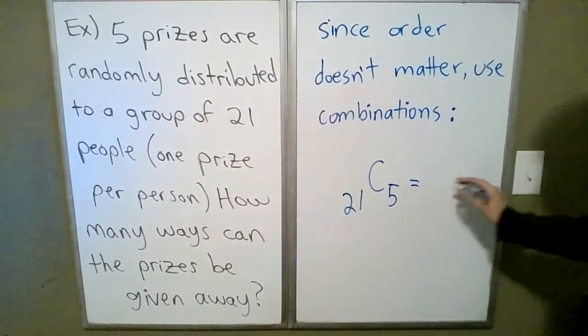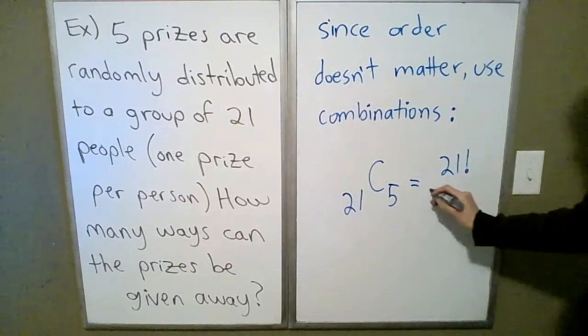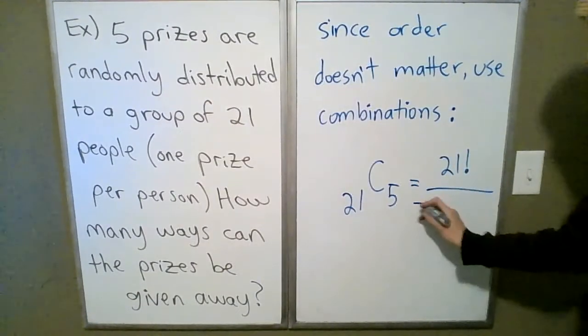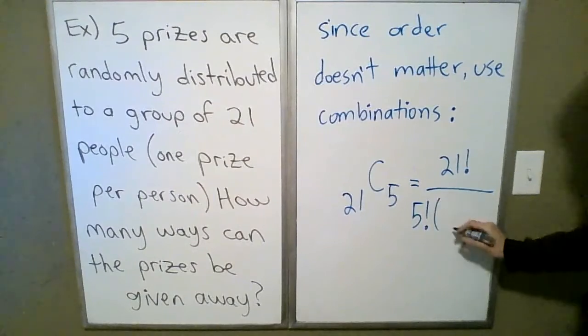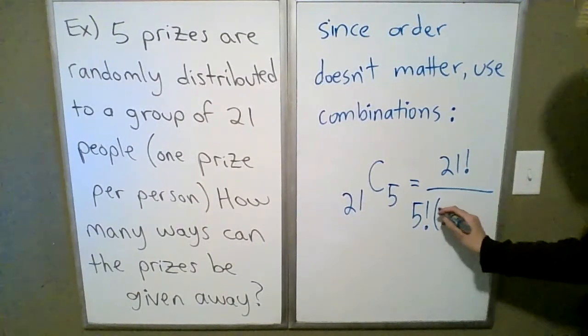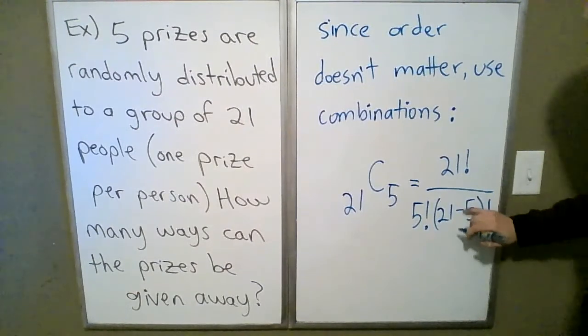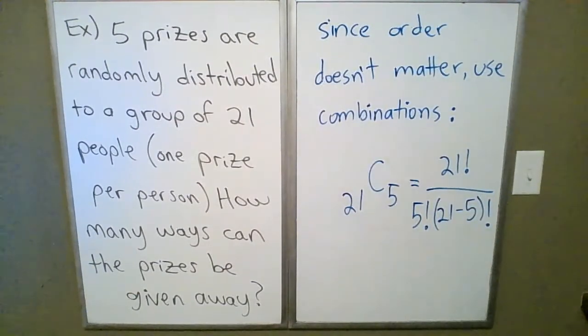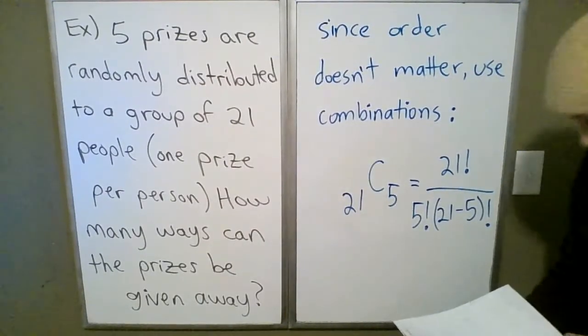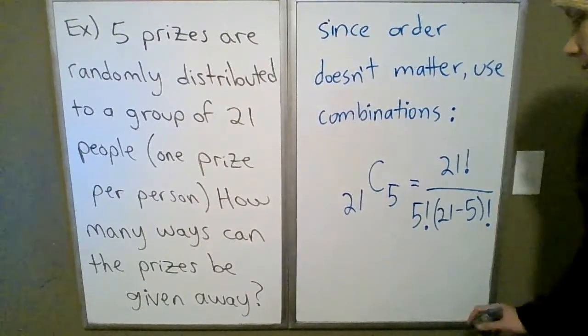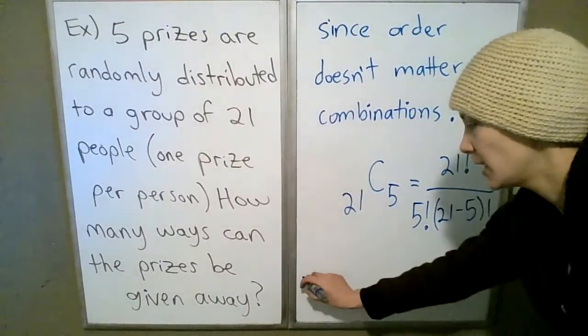So we take 21 factorial, divide by 5 factorial, multiplied with 21 minus 5 factorial. Okay, so I did one more step, but then I just used a calculator.